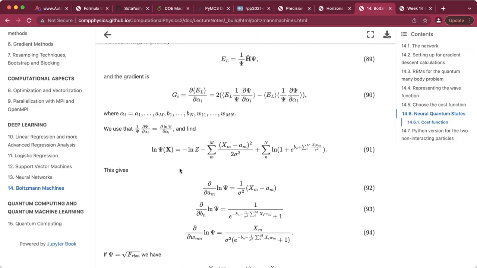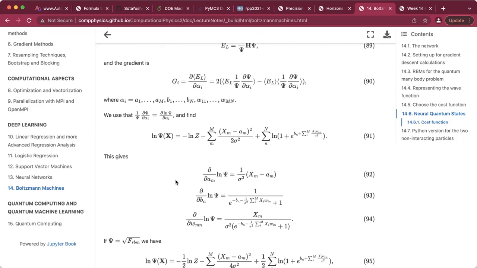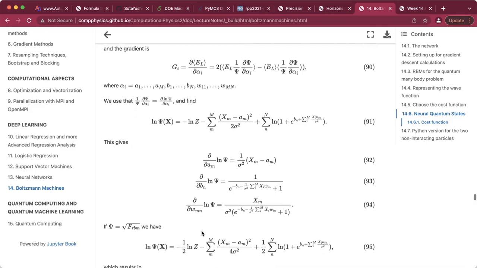There is no specific complication in doing that. So what I have here are the analytical derivatives of this function with respect to the biases of the visible layer, the biases of the hidden layer, and the weights themselves. These are quantities which we will need to implement when we are looking at derivatives. So you see that you now have explicit analytical expressions for these derivatives.